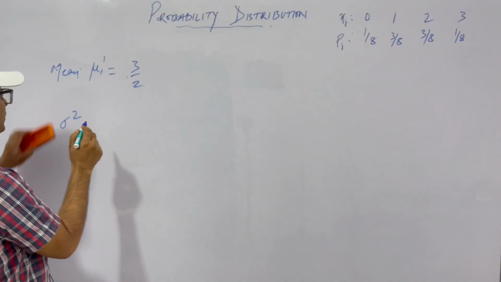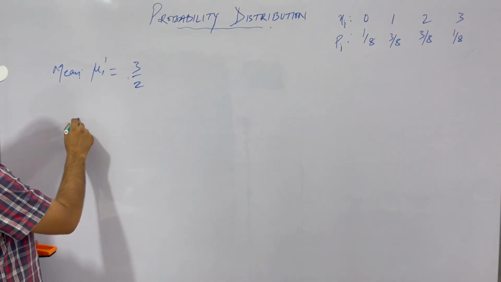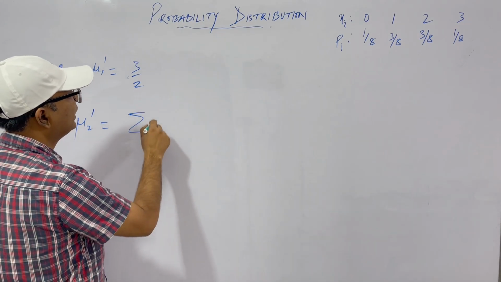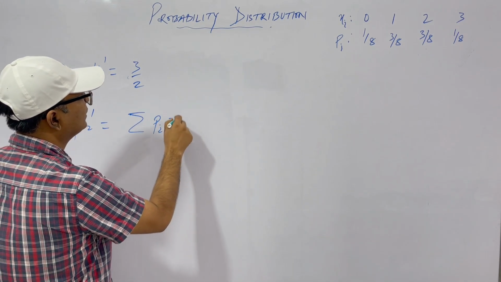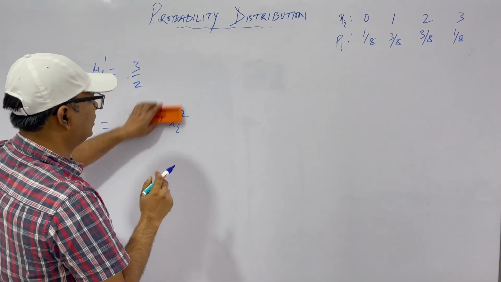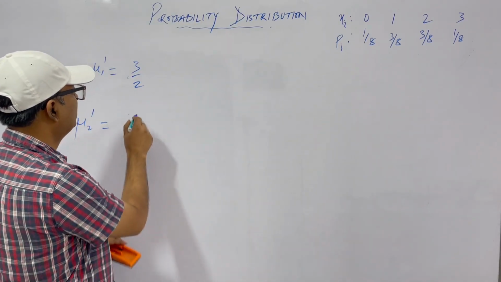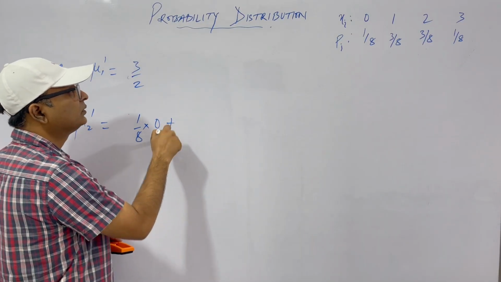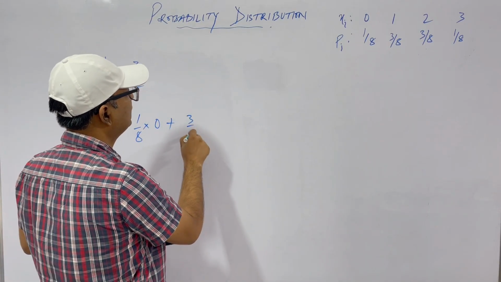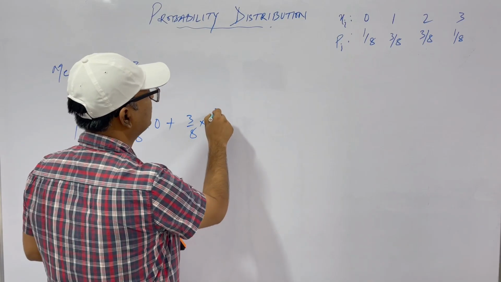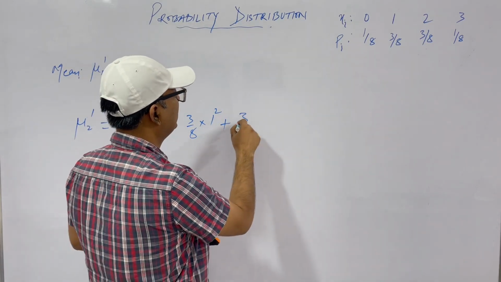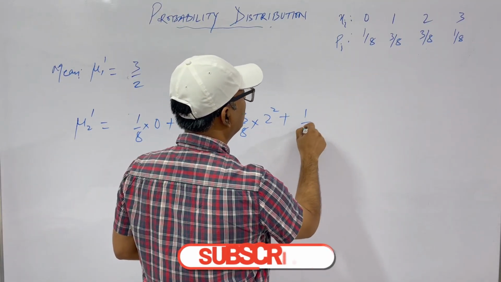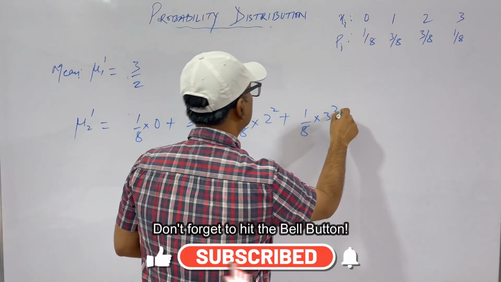Variance is... before taking variance, let's find out mu2 dash. Mu2 dash, I told you, is the sum of pi into xi square. Clear? So I'm doing it. Pi is 1 by 8, xi is 0, 0 square is 0, then 3 by 8 into 1 square, that is 1, plus 3 by 8 into 2 square, plus 1 by 8 into 3 square.